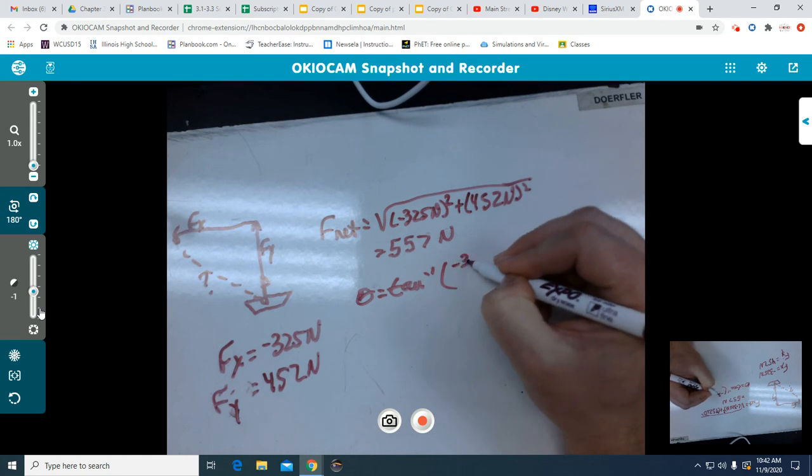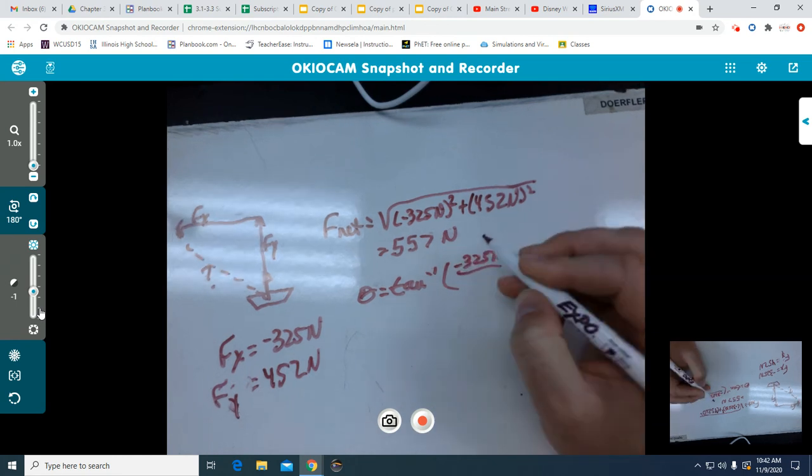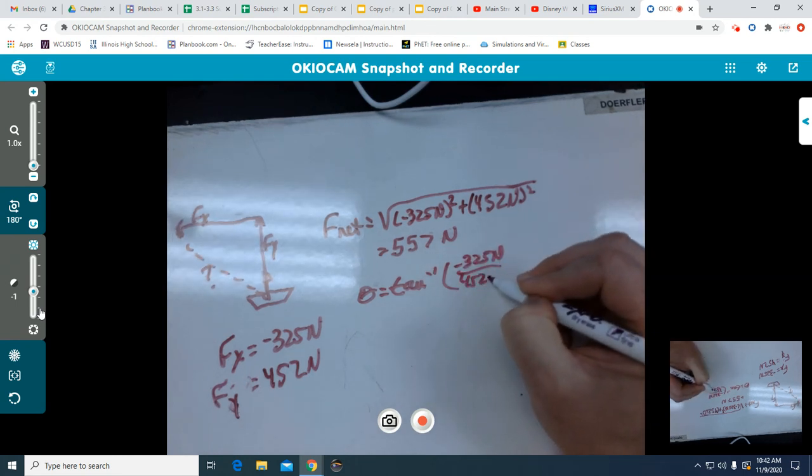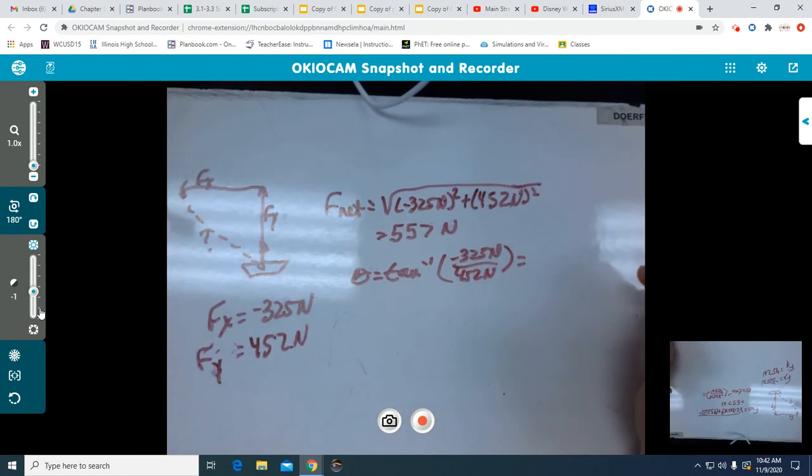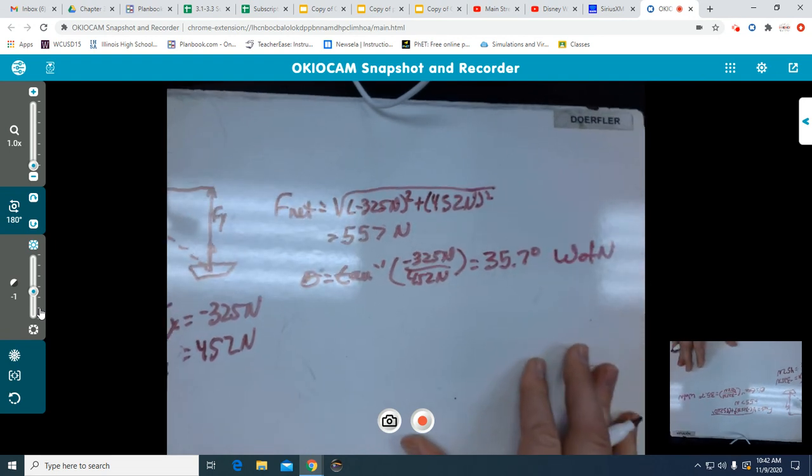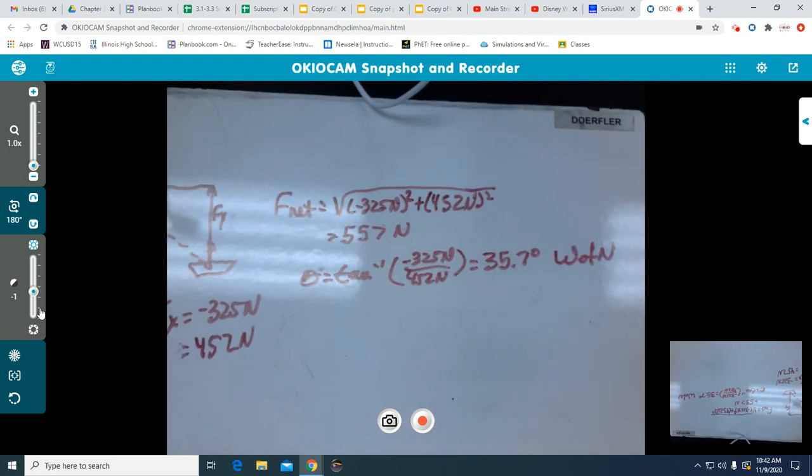We have negative 325 newtons over 452 newtons. And we get 35.7 degrees west of north. And so really, again, it's not any different than what we've already been doing. You can double check my math, but it should be all good to go.